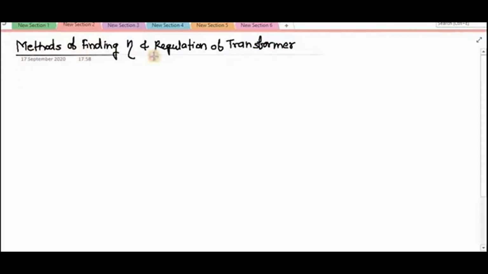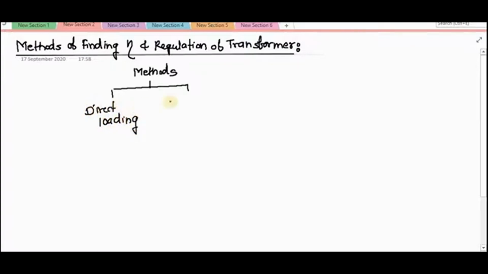So students, keep one thing in mind. There are two types of methods which are used for finding out the efficiency and regulation of the transformer. Here I can write down the methods are classified as direct loading methods, meaning by directly loading the transformer we can find out the efficiency, or the second method, indirect loading methods, meaning without any use of the load.